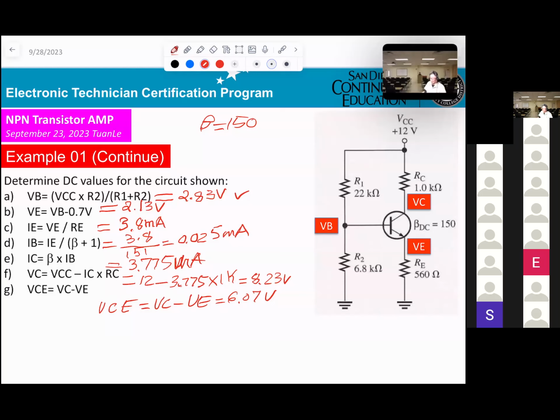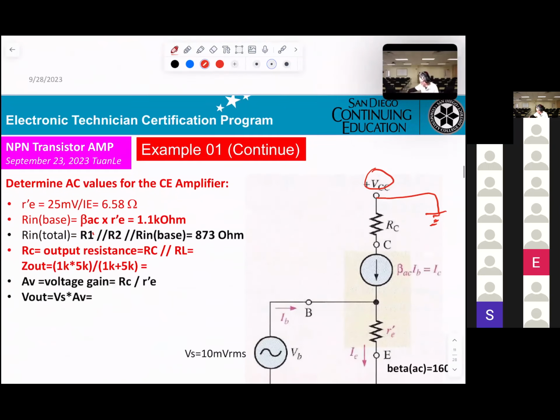Okay, any question? Do you have any question on this DC calculation?